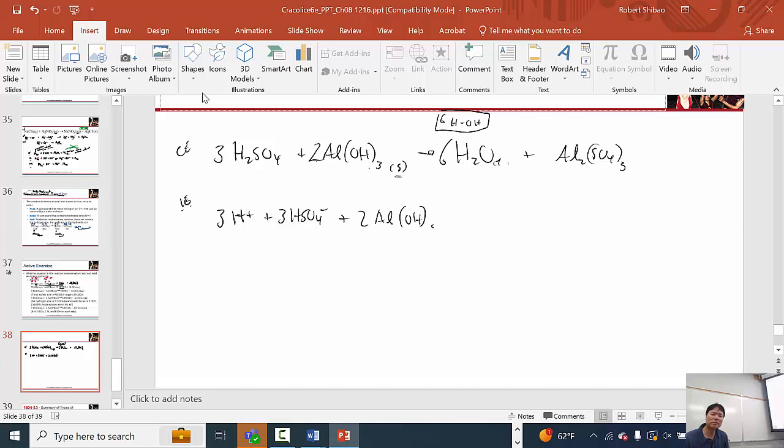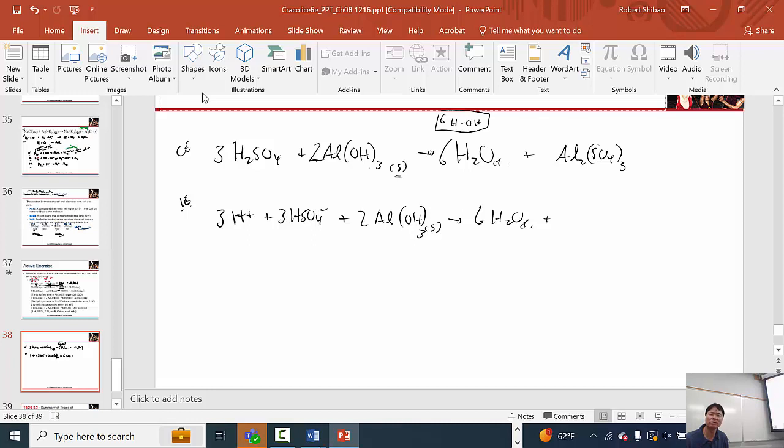Insoluble salts, we just leave them alone. Water, strong acid? No. Strong base? No. Soluble salt? No. Then just leave it alone. Aluminum sulfate, strong acid? No. Strong base? No. Soluble salt? Yes. So we need to break it up.